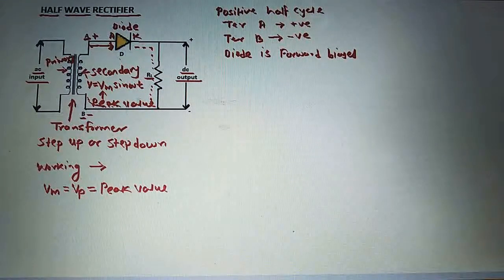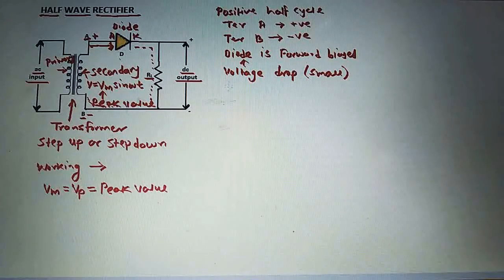As the diode is in forward bias here, there is a voltage drop across this diode. Why? Because the current is flowing through this diode. Because of that, there is a voltage drop across the diode, and that voltage drop is small.